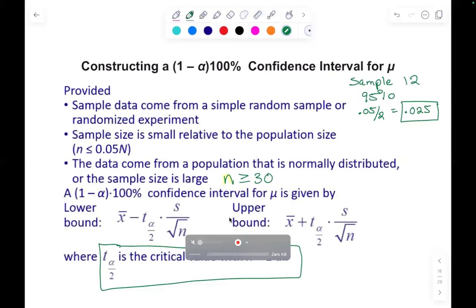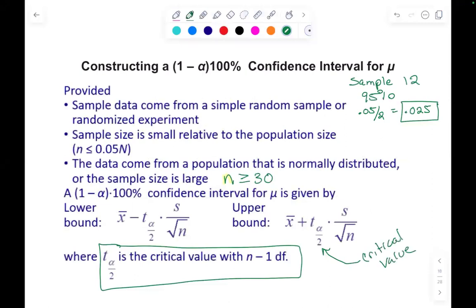I'm going to put an arrow here. Critical value. Why am I subtracting 1 from n? Because we're using sample data. You remember when we were doing sample standard deviation, we divided by n minus 1 because of the variation in samples.